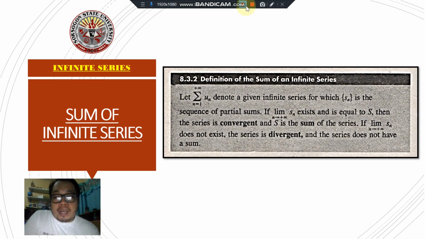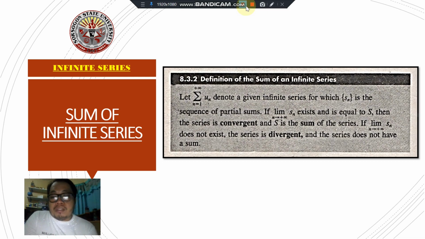So it means that for an infinite series to be convergent, the limit should exist, and that is denoted by s, which indicates also the sum of the series. Now, if the limit of S sub n as n approaches positive infinity does not exist, the series is divergent, and the series does not have a sum.